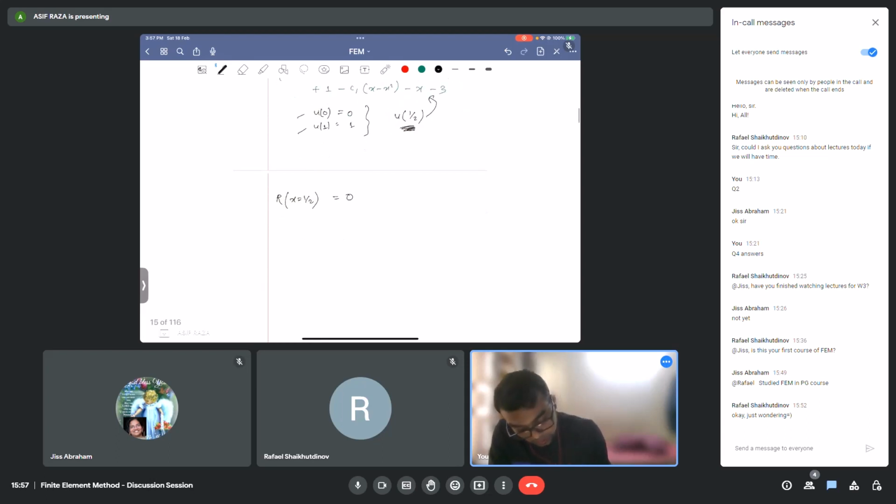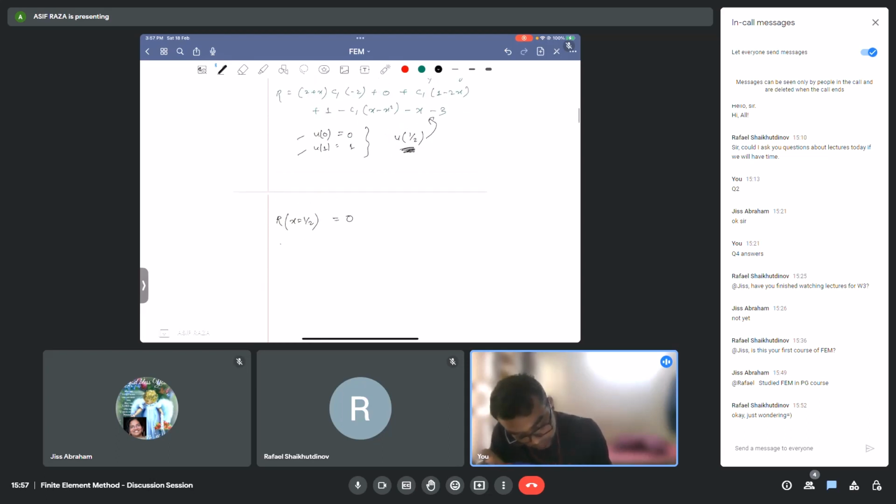That will be (2 + 1/2) c1 times minus 2, plus c1 times (1 minus 2 times 1/2), plus 1, minus c1 times (1/2 minus 1/2 square), minus 1/2 minus 3 equal to 0.